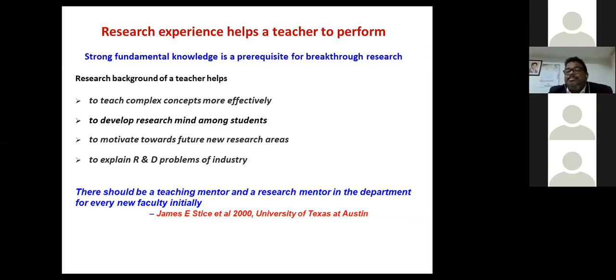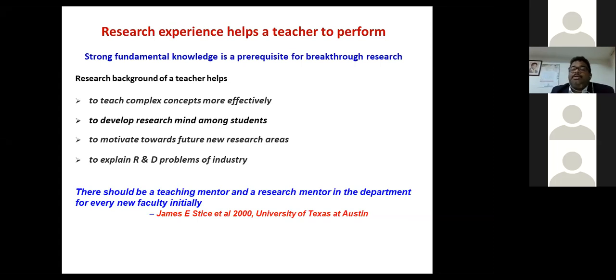In fact, one of my friends at the National University of Singapore has 42 patents. He is of my age or younger. I asked him, what is the secret?